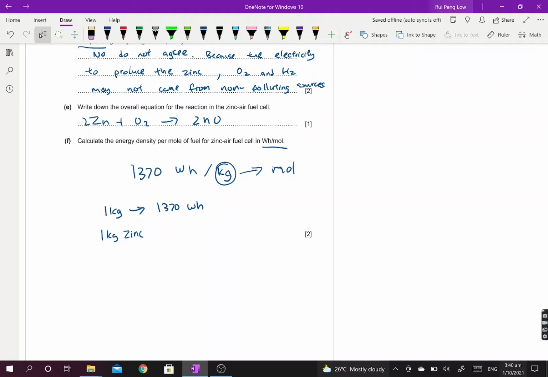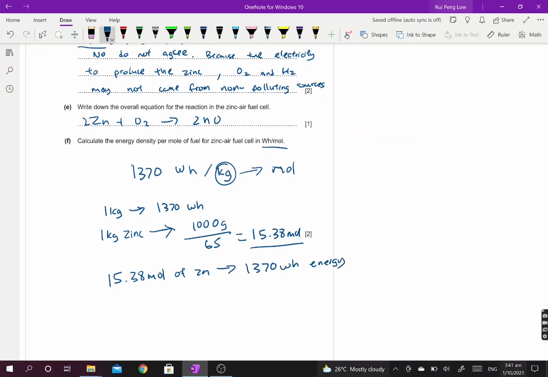It's 1000 grams divided by 65. So you have 15.38 moles of zinc, which also means that 115.38 moles of zinc gives you 1370 watt hours of energy.